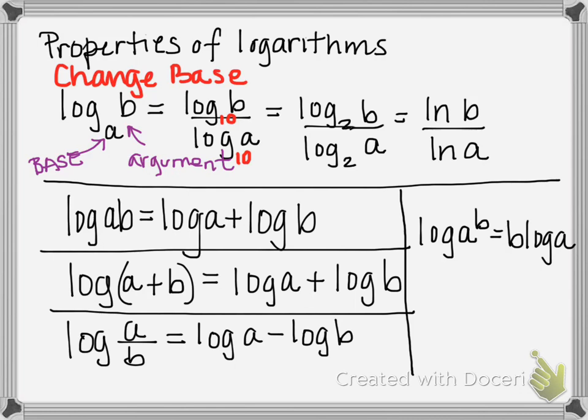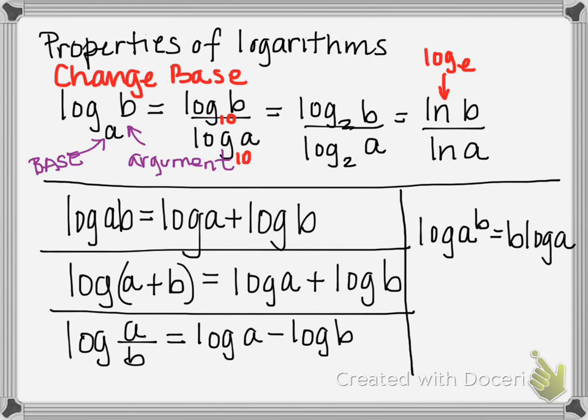Again, we don't write that e. This would be log base e, right? But we don't write it like that. We write it as ln, the natural log. So you see that with the change of base formula, you can change the base to whatever you want and write the log of the argument over the log of the original base.